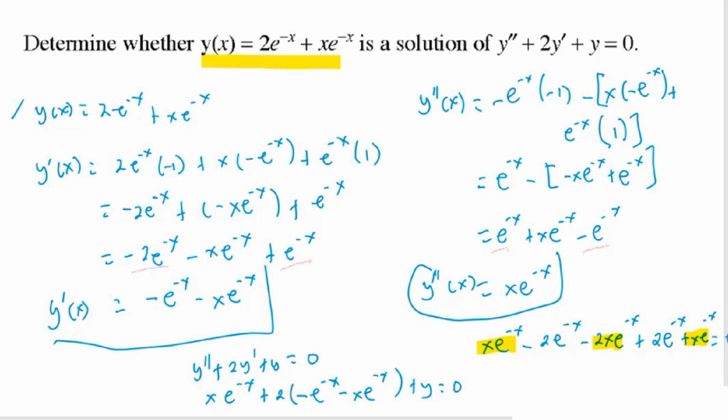So this can be cancelled. In terms of e, we have negative 2e raised to the power of negative x plus 2e raised to the power of negative x, so they are additive inverses. Therefore, the left-hand side is now equal to the right-hand side.